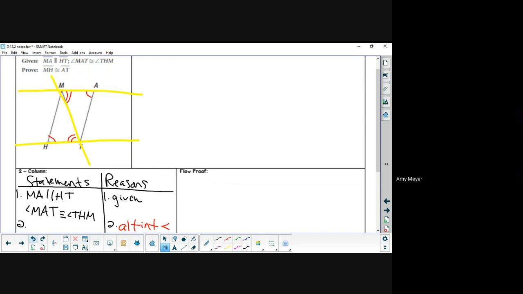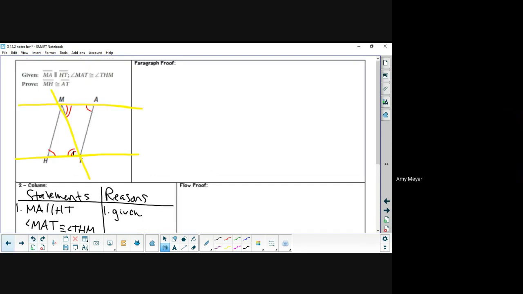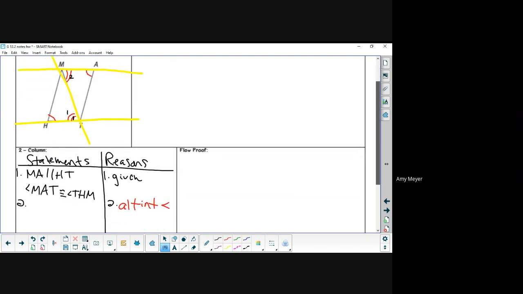No, because there's an angle that could be called T as well. So I need to use 3 letters, or let's go ahead and just put a little 1 in there and a little 2 up there. So I'm going to say angle 1 congruent to angle 2.